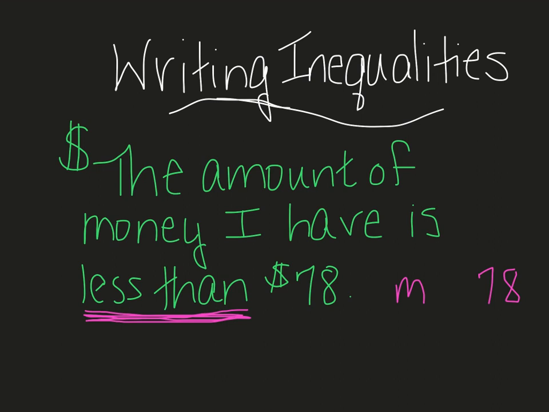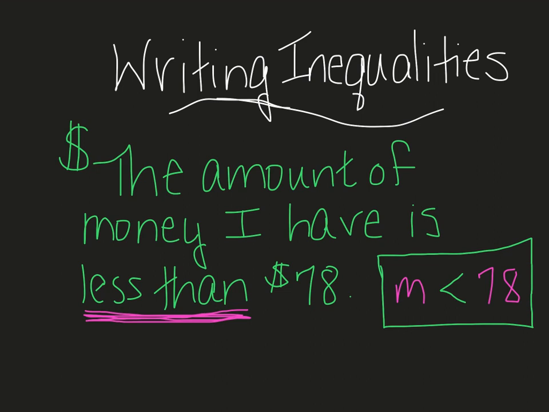No, I don't have $78. Could I have $77.99? Yes. Can I have $80? No, I cannot have 80. So as long as it's less than 78, I'm okay. So this is how you would write the inequality. M is less than 78.